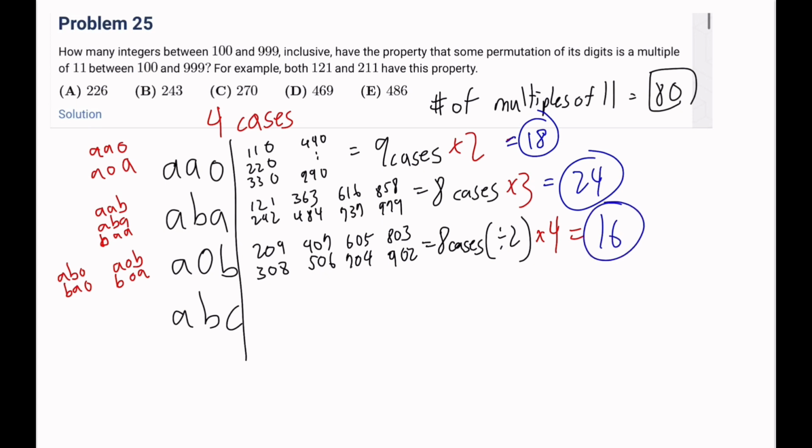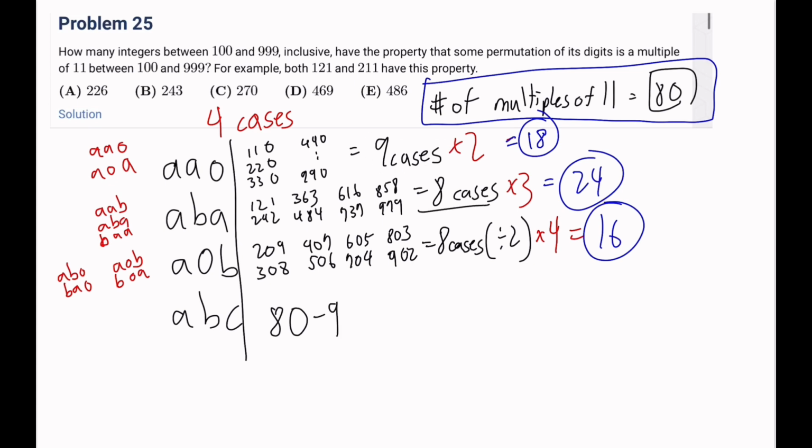And then lastly, we have ABC, but we don't want to calculate this directly after we've done all this. We use the knowledge that the total number of multiples of 11 is 80. We had 80 in total, but then 9 were taken away, and 8 were taken away, and 8 more were taken away. This is not divided by 2 because these both count as separate multiples of 11. And so that would give us 56.